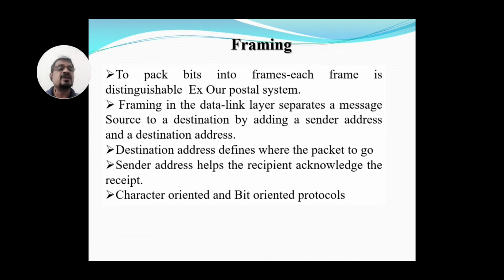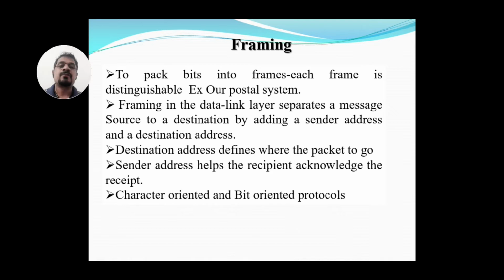The destination address defines where the packet has to go, that is the next destination, and the sender address helps the recipient, so that once it receives a message, that device can acknowledge to the sender, so that the sender can send the next messages or take further actions.